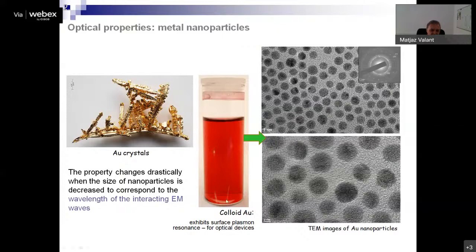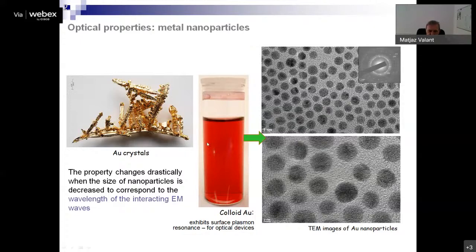When we have nanoparticles, colloidal gold, let's say, this means that we have very small particles, a couple of nanometers big, and finely distributed inside some medium. Not agglomerated, but they have to be separated and distributed.